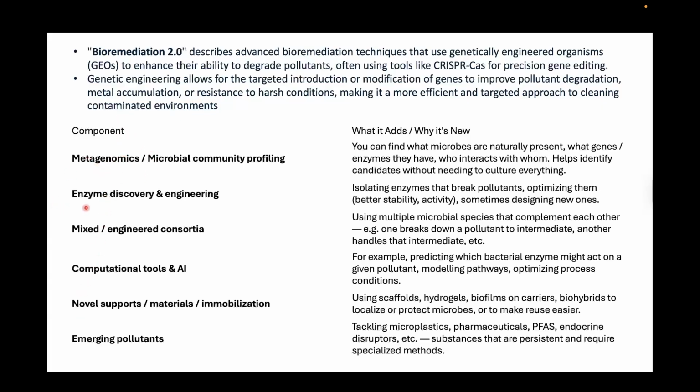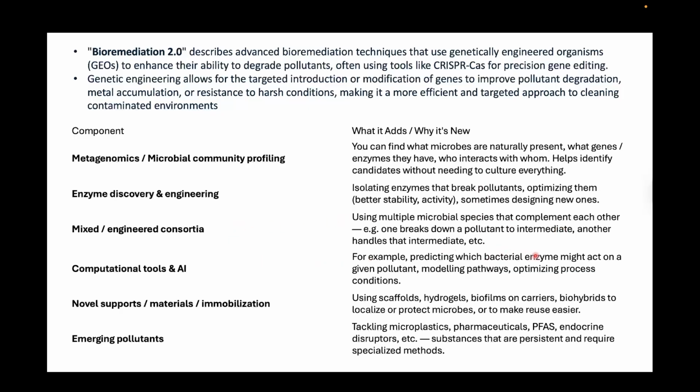First, metagenomic and microbial community profiling, enzyme discovery and engineering, isolating enzymes that break pollutants, optimizing them, and sometimes designing new ones in microorganisms. Mixed or engineered consortia, using multiple microbial species that complement each other.